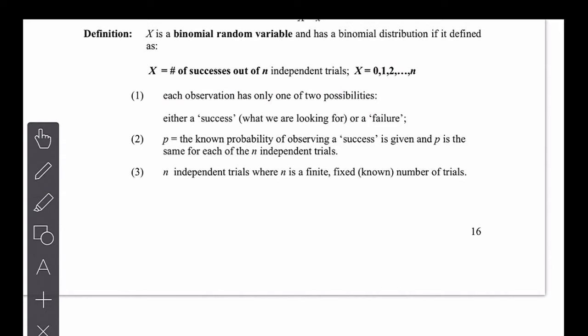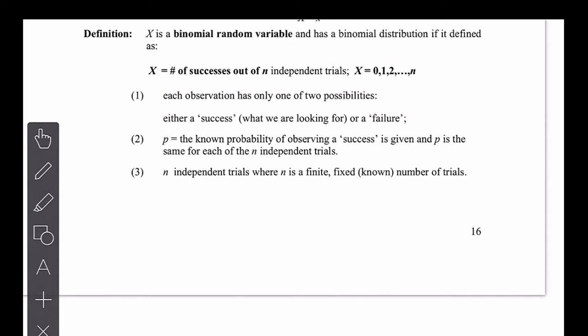The instance that what I'm looking for doesn't happen, that outcome would be a failure. So this is the criteria number 1. Each observation has only one of 2 possibilities, success or failure. So I reduce the world into 2 possibilities. Reduce the possible outcomes into 2.